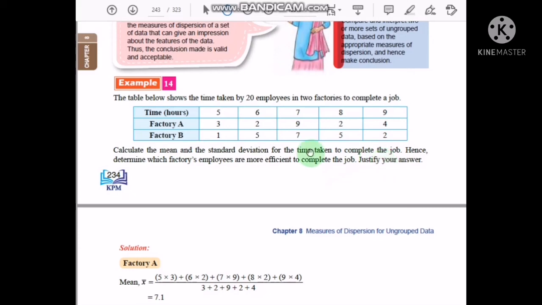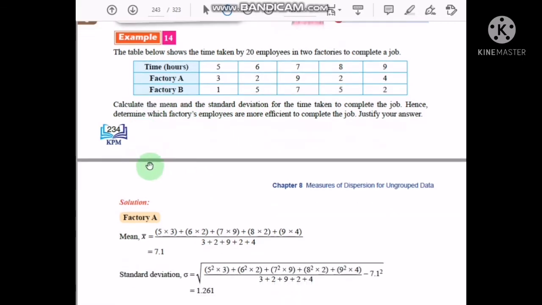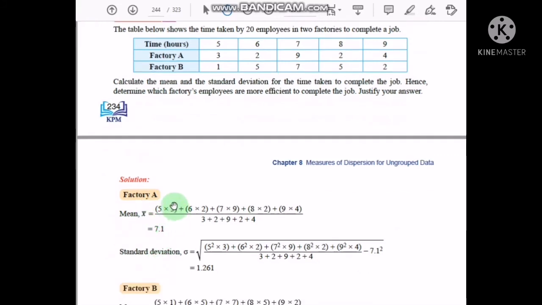So you need to calculate first the mean and standard deviation for factory A.